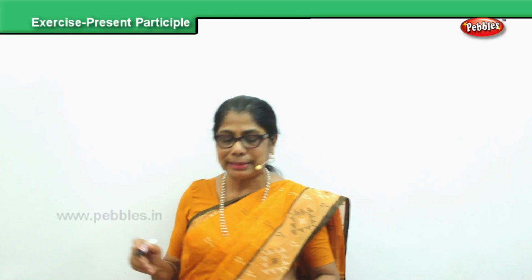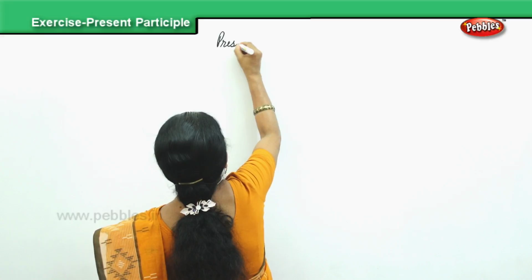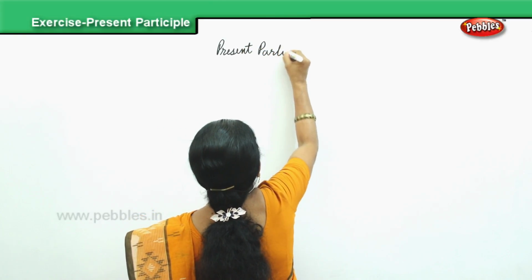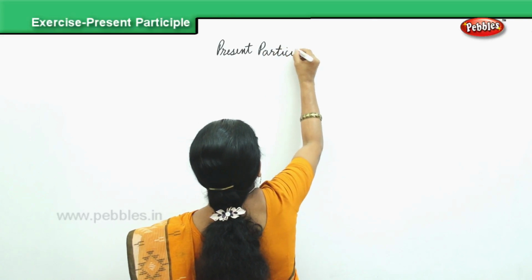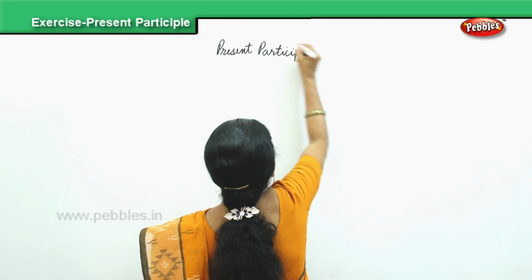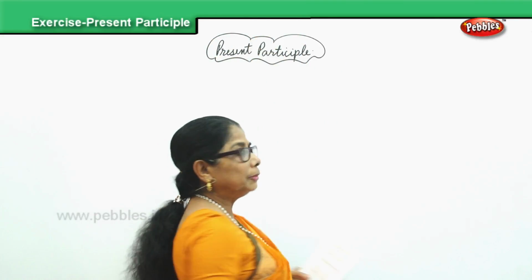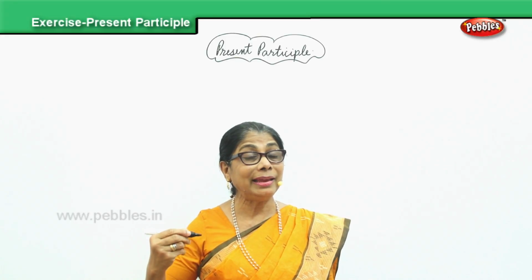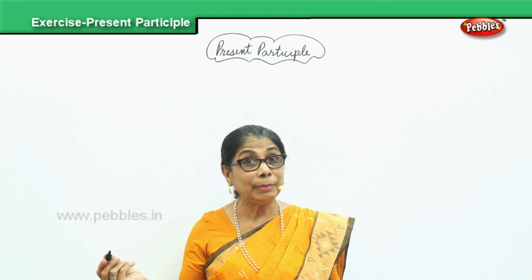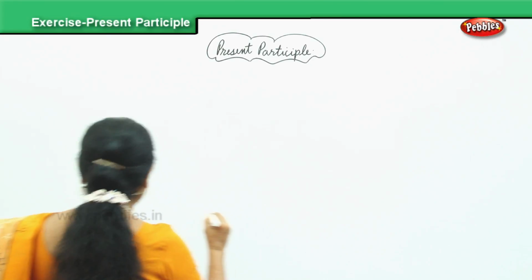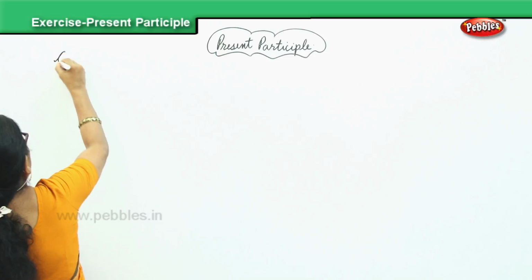Look carefully before you complete the sentence. A short exercise for us to recapitulate. Am I able to do it? Can I remember? That's what we are going to do, okay?